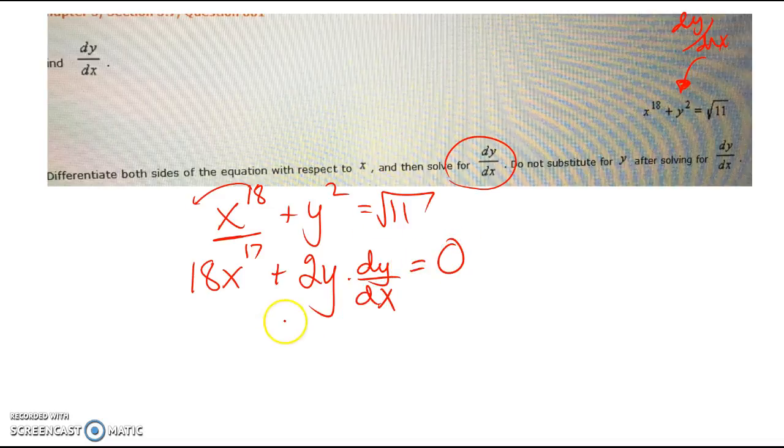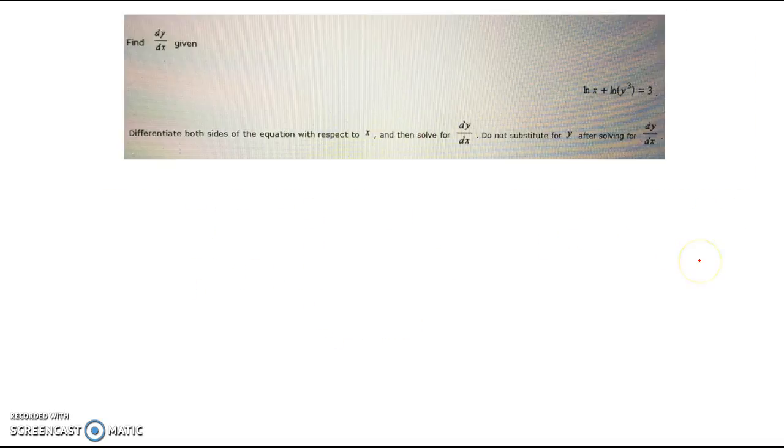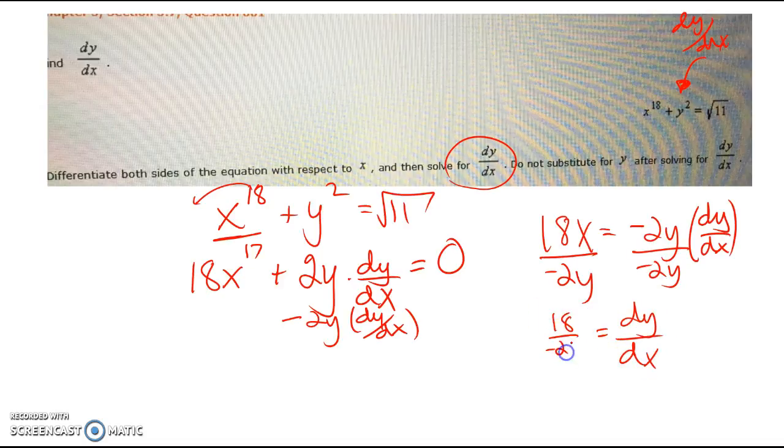So let's solve. I'm going to subtract this over. So I have 18x equals negative 2y dy dx. Oh, sorry about that. Let's go back. Divide by negative 2y. dy dx equals 18x over negative 2y.